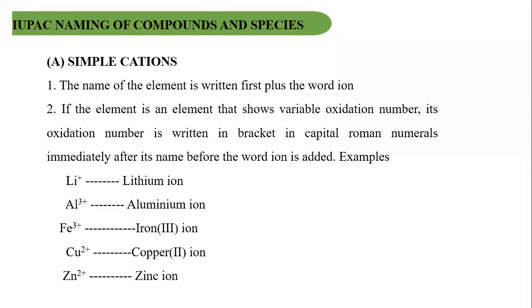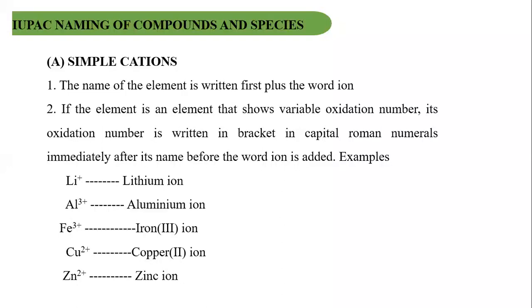We call them transition elements or transition metals. Many of the elements that I'll be giving you as elements that show variable oxidation states belong to that category. In fact, that's one of their properties: transition metals have variable oxidation state.